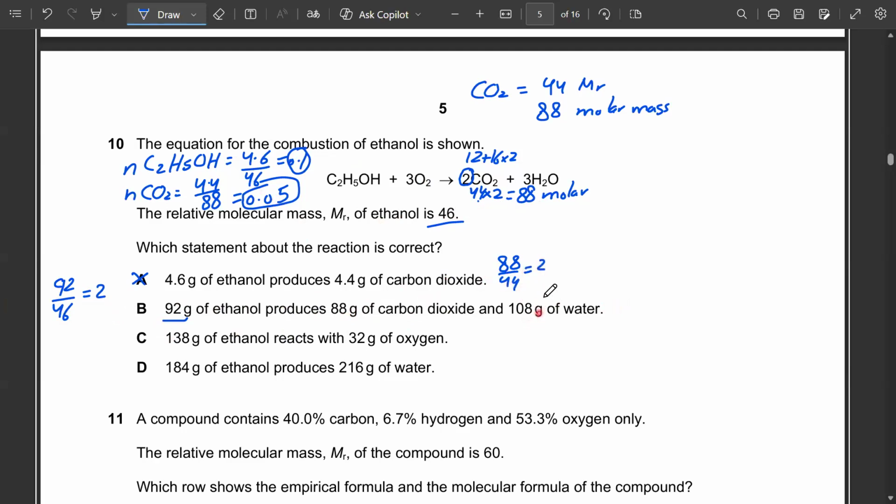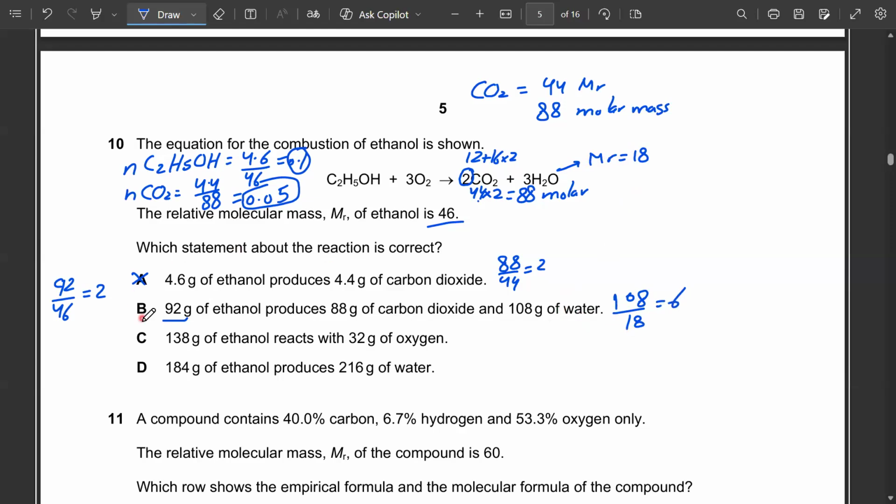And about the water, the MR of water is equal to 18. So you can do the calculation of how much mole this becomes. We would have 108 divided by 18, which is equal to 6.